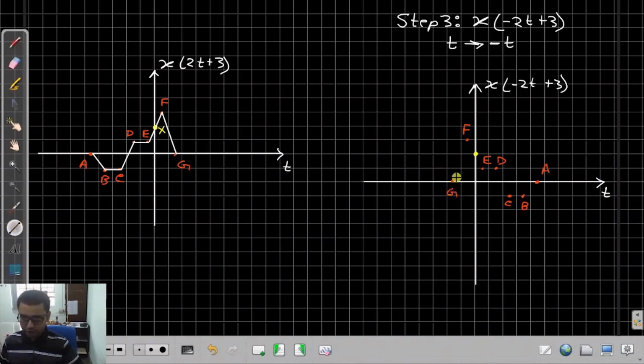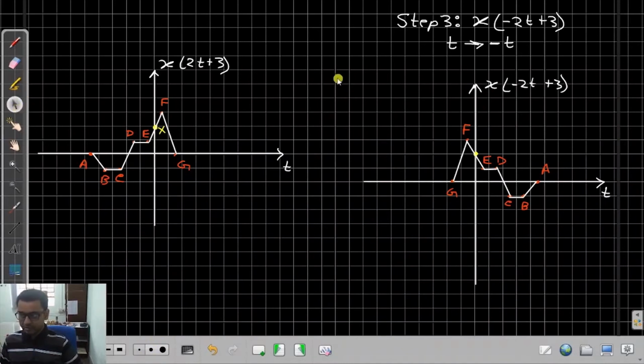Let me join these points. And that's how x of minus 2t plus 3 is going to look like. Our step 3 is complete.